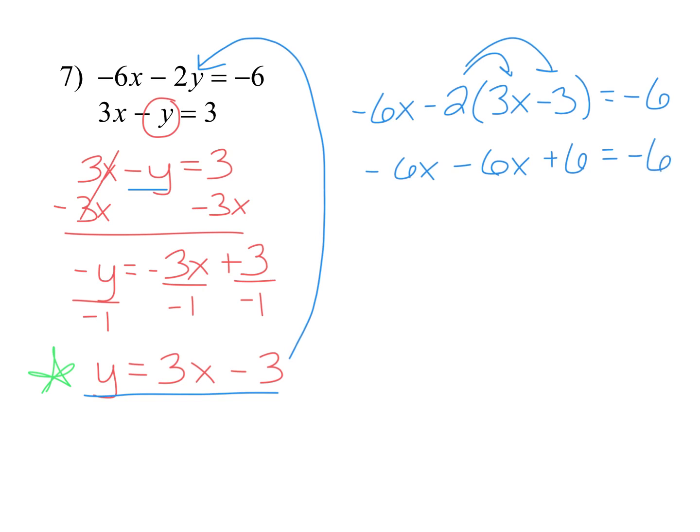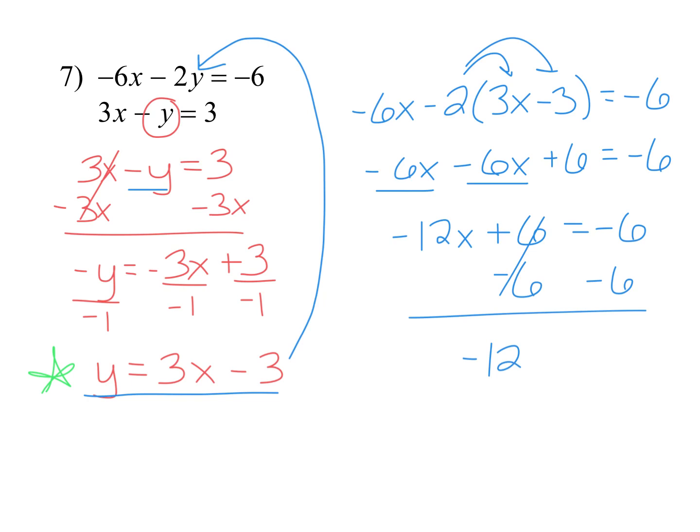Next, combine like terms, so we have negative 12x plus 6 equals negative 6. Two-step, subtract 6. So we have negative 12x equals negative 12. Last step, divide by negative 12. We get x equals 1.